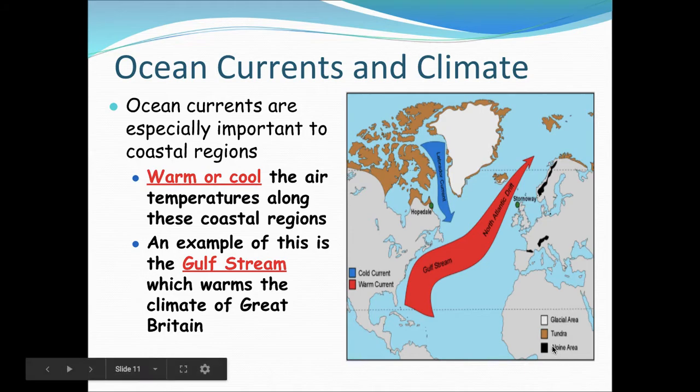If you look at this key down here, black are alpine areas. Alpine is like a coniferous forest where there's lots of evergreen trees. It's cold, but it's not permanently frozen. Summer is warm enough where the ground thaws out. People obviously live here.